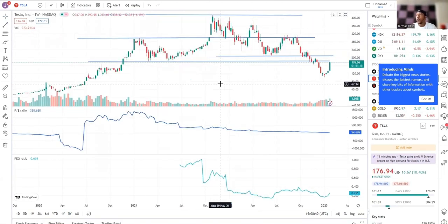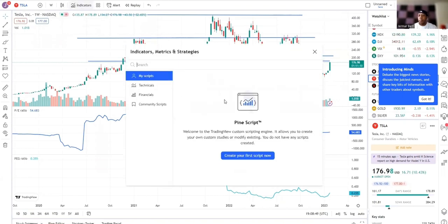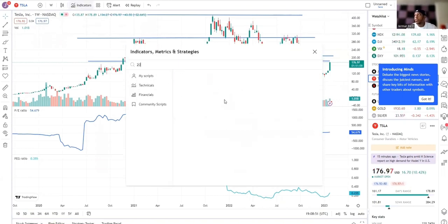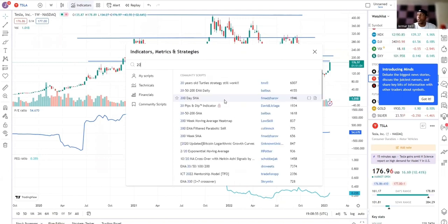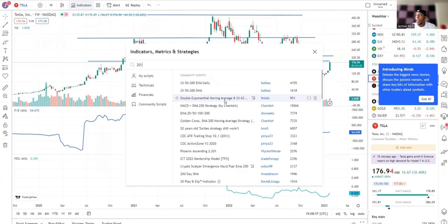Let's dive into how I predict when to buy, hold, or sell. Whenever I do this, I like to use indicators that help me. And one of the indicators that I really like to use is the 20, 50, and 200 EMA daily. So what is the difference between the 20, 50, 200 EMA and the 20, 50, 200 SMA?